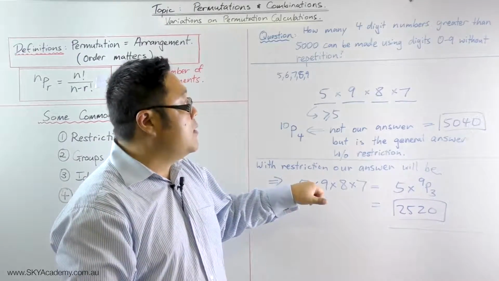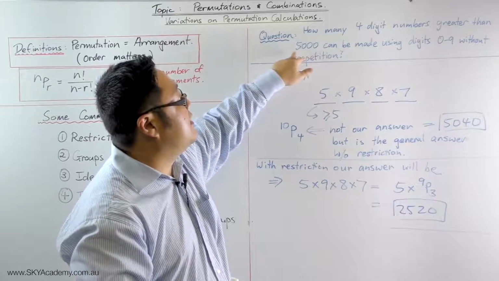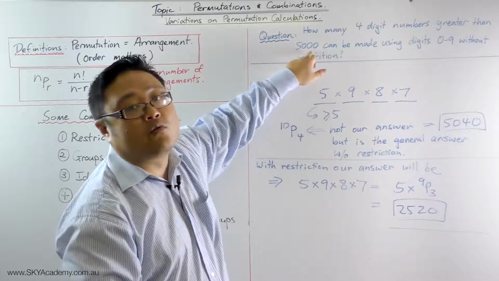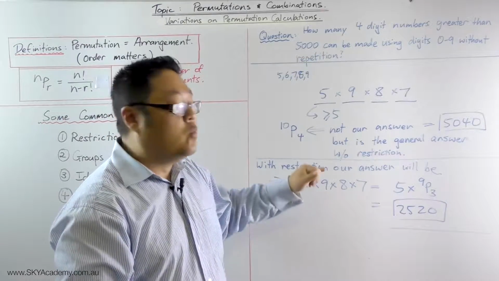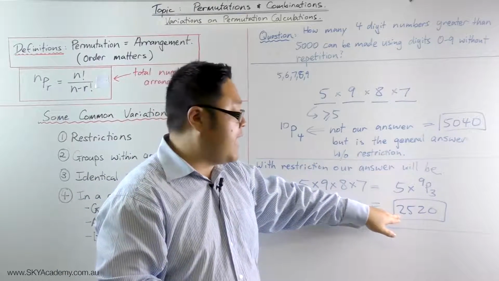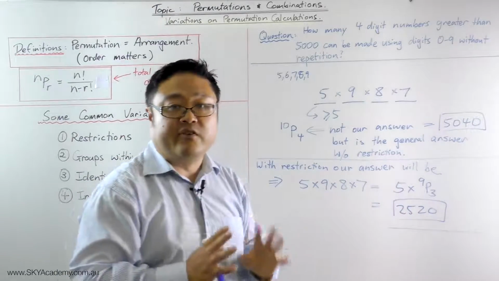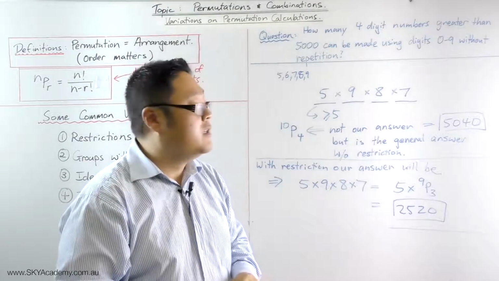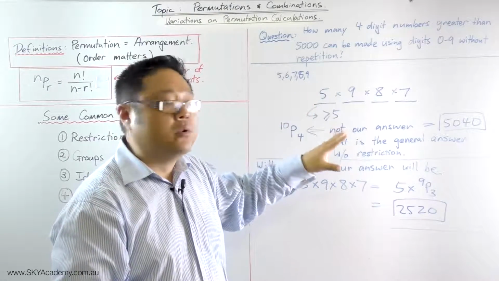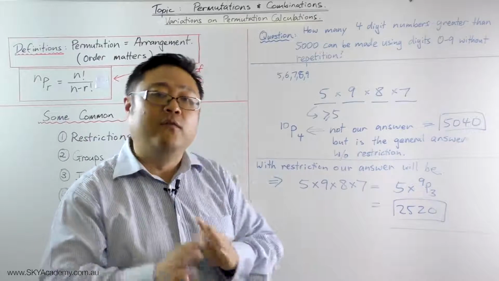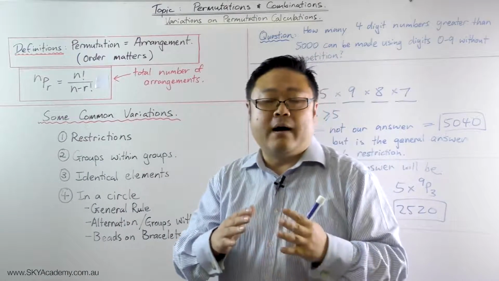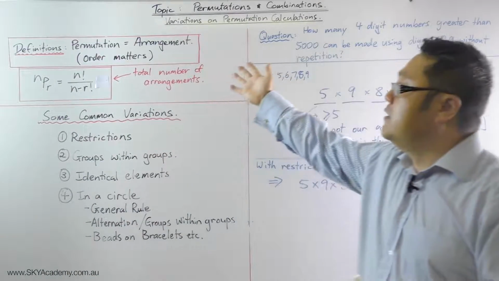However, because we're only interested in the 4-digit numbers that are greater than 5,000, with that restriction, we will only have 2,520.